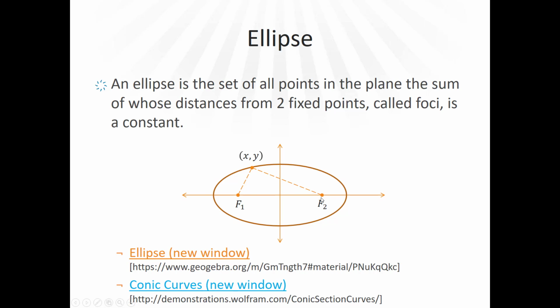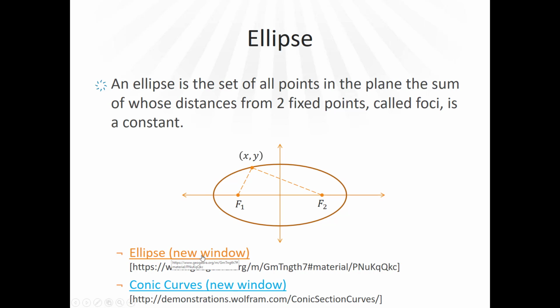The 2 foci are 2 points inside the curve, and it looks as if the ellipse is sort of curving around those 2 points. Okay, so those are our 2 foci, and then the distance from each of the foci to some point on the curve. Those individual distances will change, but the sum of these 2 distances will always be the same.